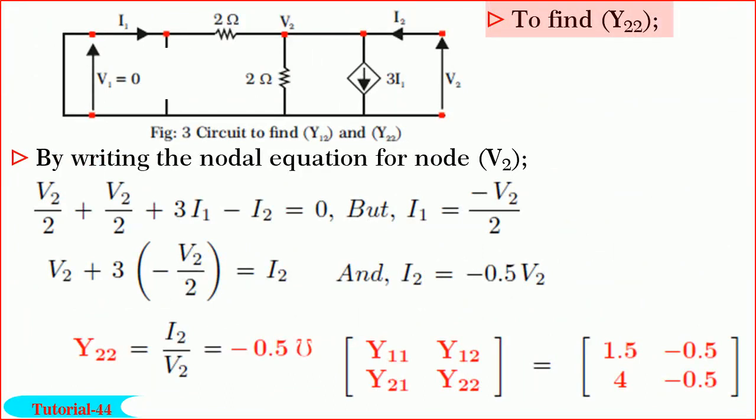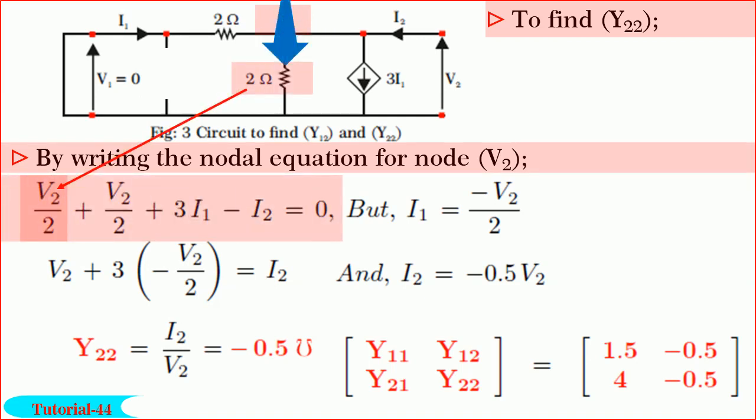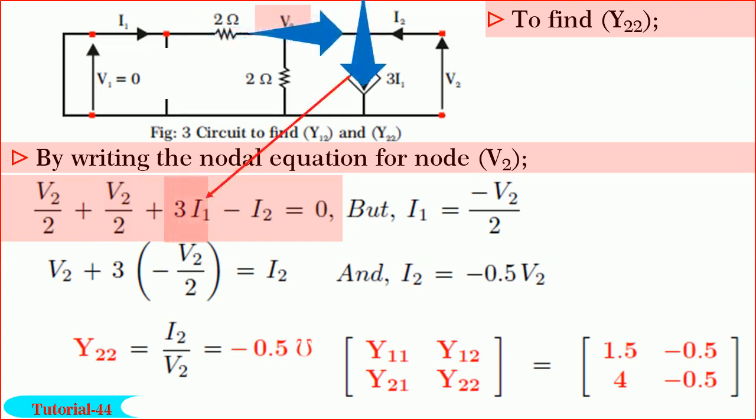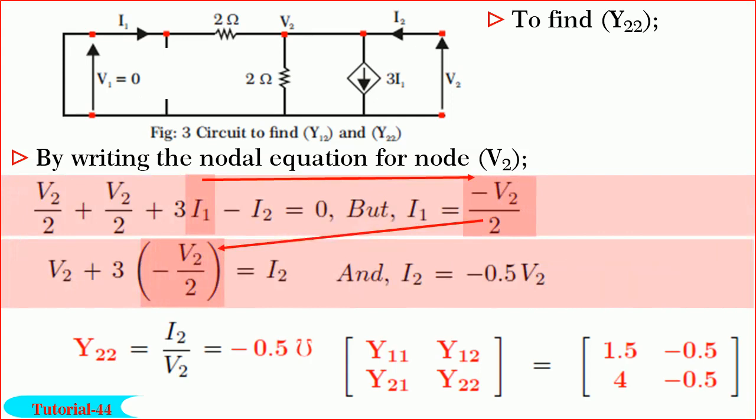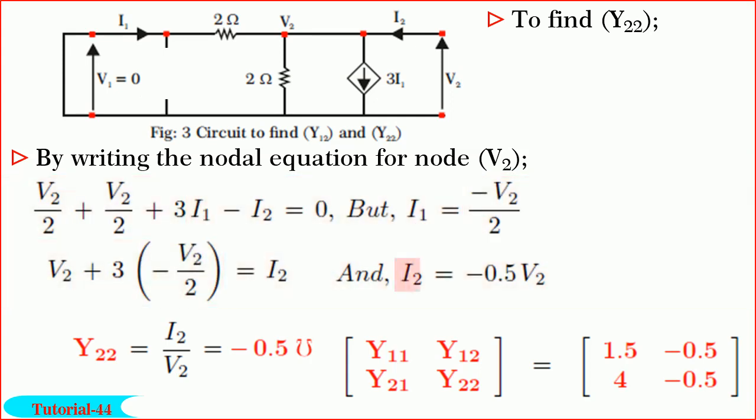To find Y22, by writing the nodal equation for node V2, we get V2 divided by 2 plus V2 divided by 2 plus 3I1 minus I2 is equal to 0. But I1 is equal to minus V2 divided by 2. So, by substituting and solving, we get I2 is equal to minus 0.5 V2.